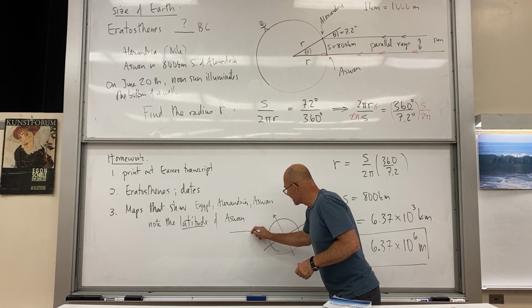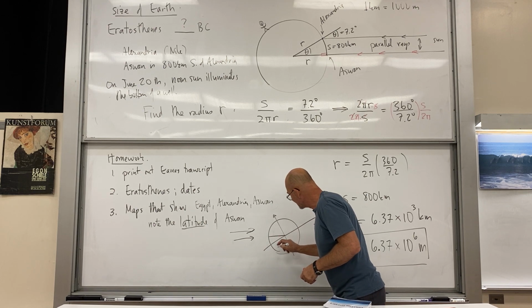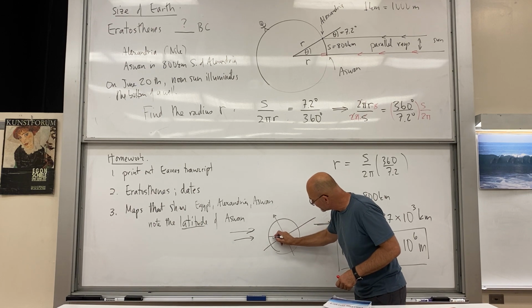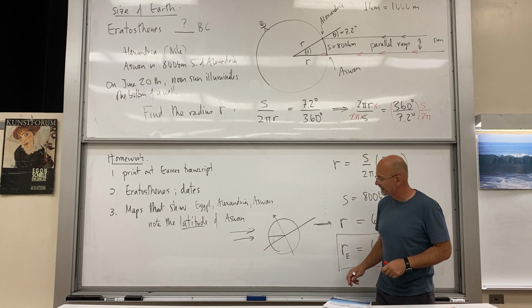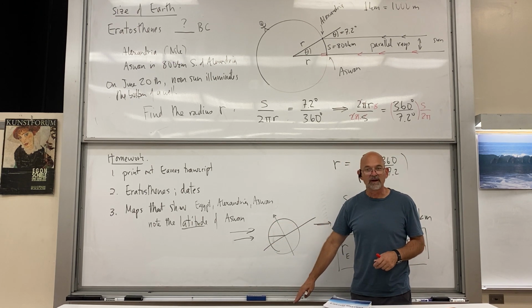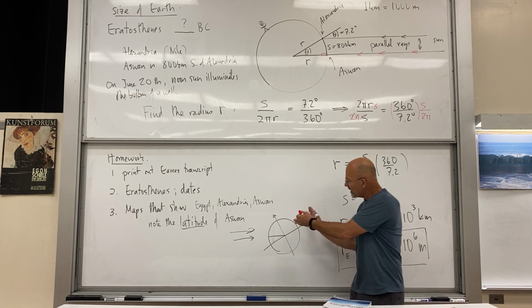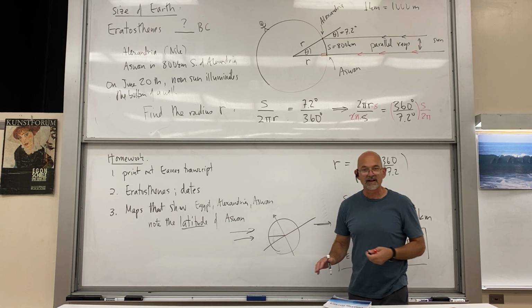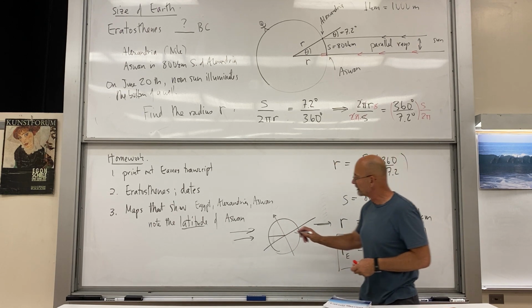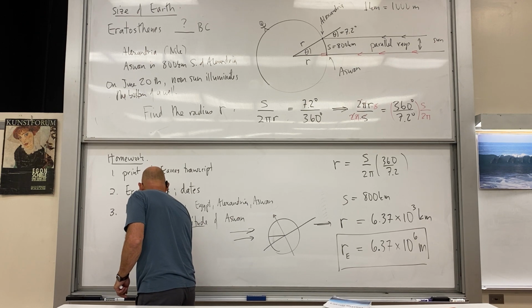If the sun's coming in like this, right, then you have to be at that particular latitude, okay, say a certain latitude north of the equator, that will correspond to the tilt of Earth's axis, okay? So note the latitude of Aswan and the tilt of Earth's axis.